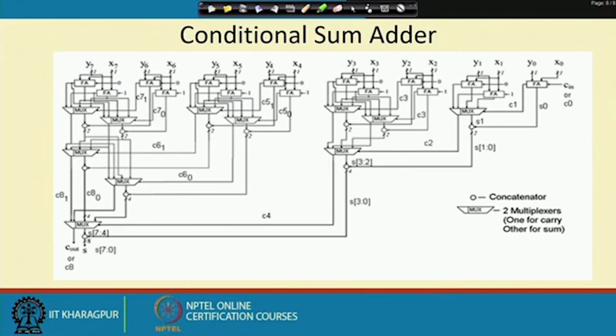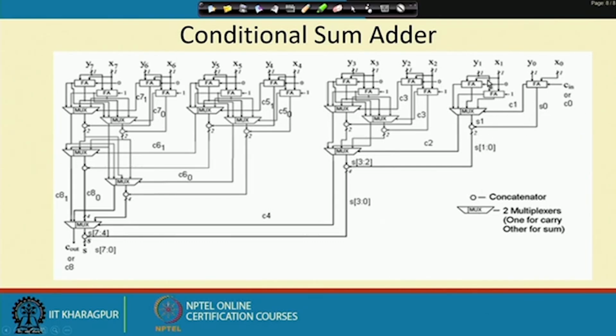As there is this C in, we know it from the beginning. That is why I need only one full adder cell for the LSB position, for adding x 0 with y 0. Whenever we add x 0 and y 0, I will get one carry output from this full adder cell and the sum 0.